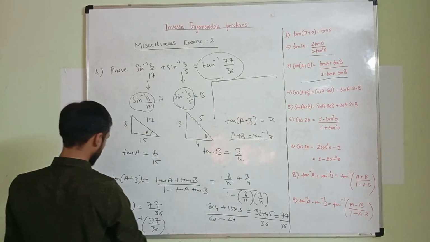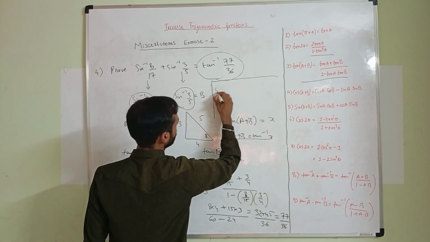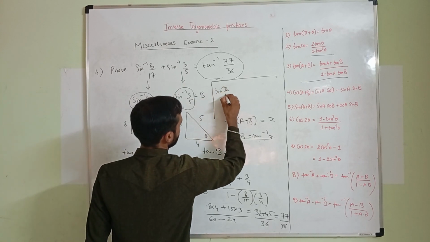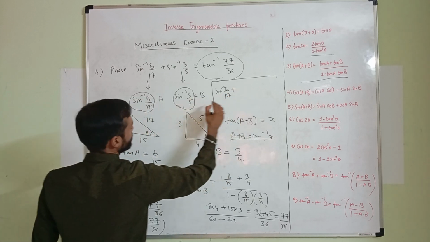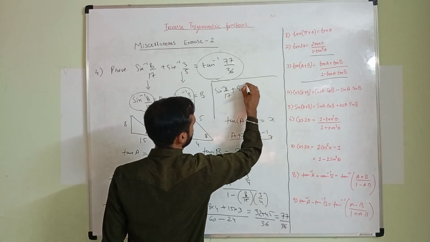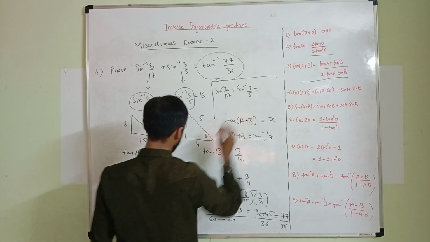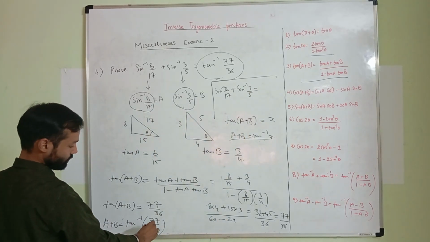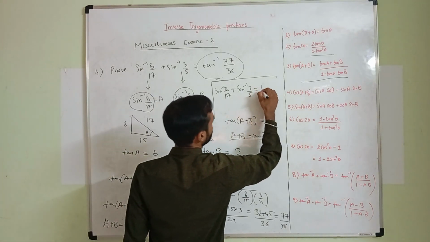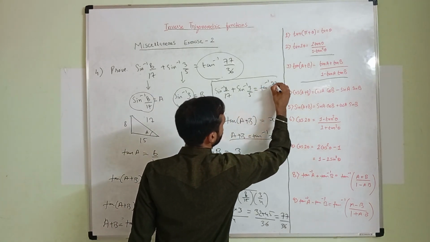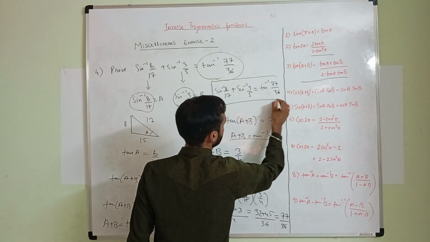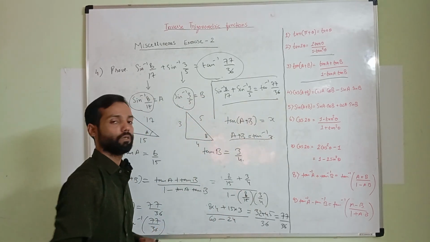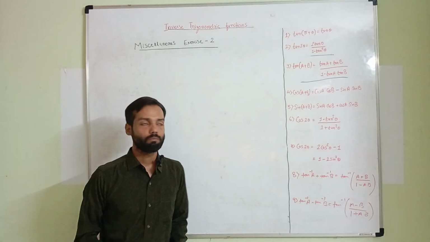In place of A, sine inverse of 8 by 17, and B will be sine inverse of 3 by 5. And since A plus B equals tan inverse of 77 by 36, so tan inverse of 77 by 36, which is our requirement.